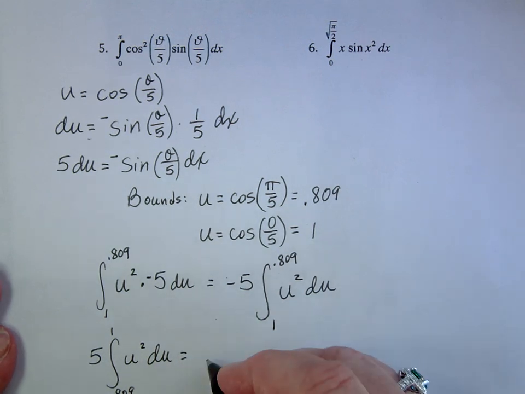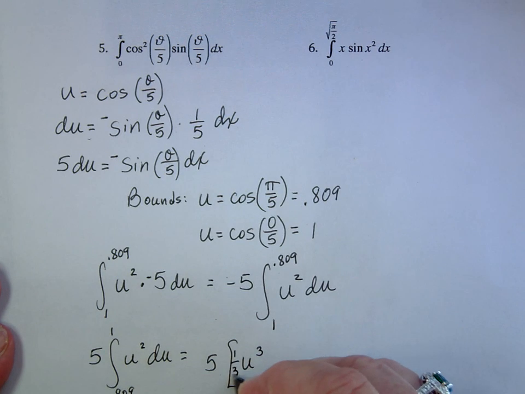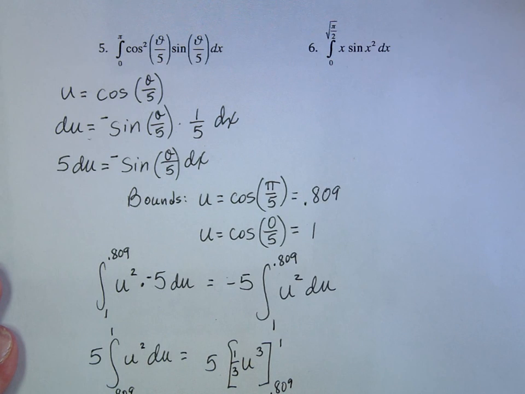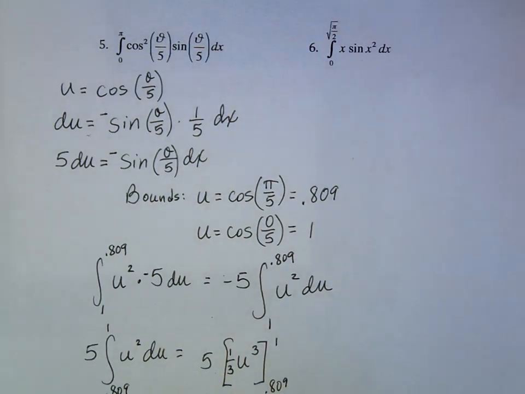All right, let's go. 5 u cubed over 3, 1/3, going between 0.809 and 1. In other words, I have 5/3 going f of b minus f of a. So that's going to be 1 cubed minus 0.809 cubed. And when I work out the details of that, let's see, handy dandy calculator.